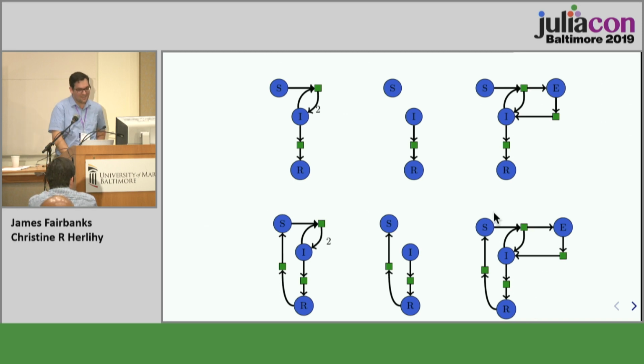So this reasoning by analogy is something that scientists do all the time, but there's no mathematical way to formulate it, except for now with these rewrite rules. So semantic models combines these two things, kind of wiring diagrams as a universal syntax for models and rewrite rules for this reasoning by analogy.